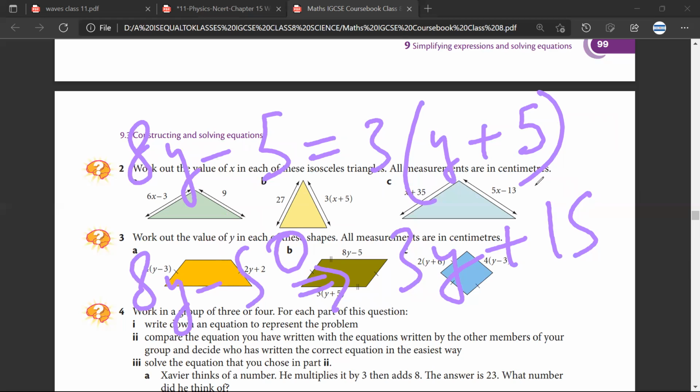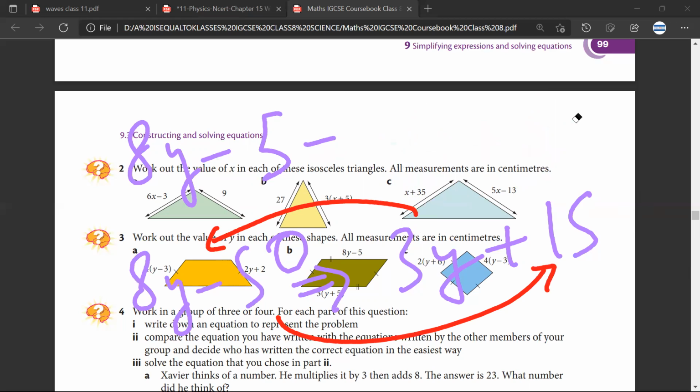Now what do you want to do? So 3y will go to the left hand side and minus 5 will go to the right hand side. So have you understood? Yes, sir. Yes, Sarthak.